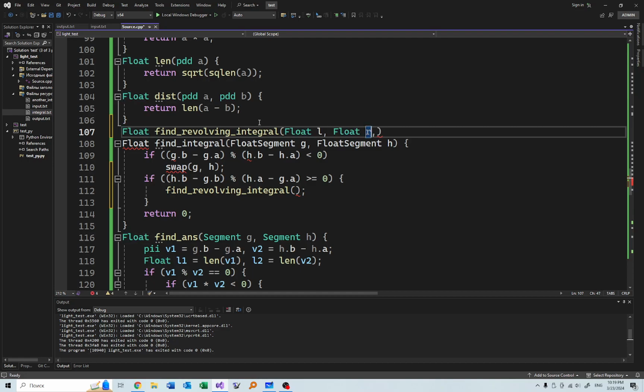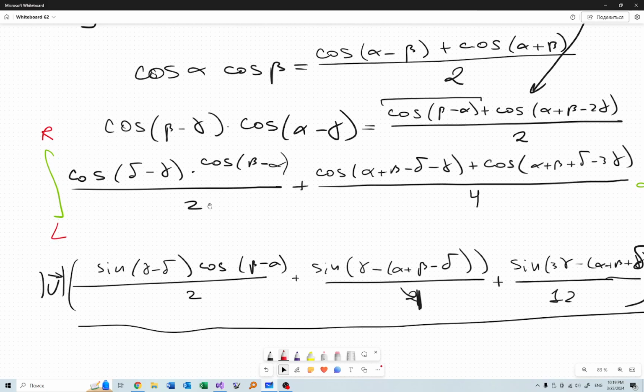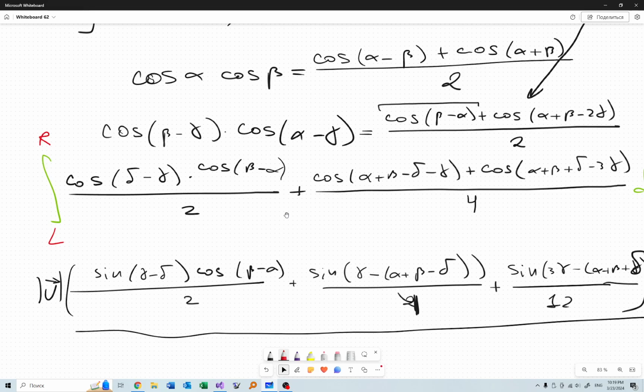Also the length of the vector. And also a lot of angles: alpha, beta, and delta.